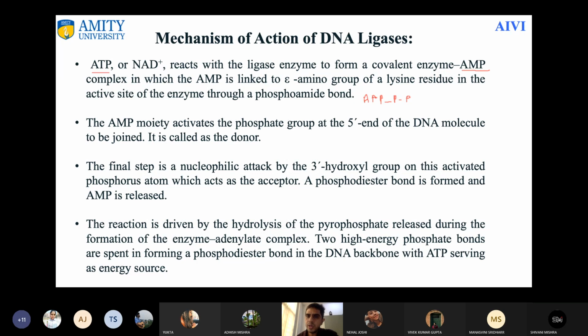The AMP is going to have only one P. So this PP is called the pyrophosphate. So two phosphates are joined together. At this step, when this AMP complex is going to form, this pyrophosphate is being released. So this pyrophosphate is going to play as a source of energy in your third step, the last step, that leads to the formation of the phosphodiester bond.